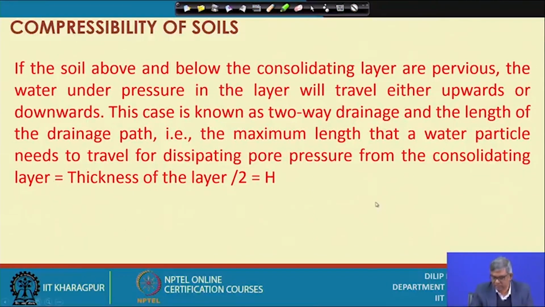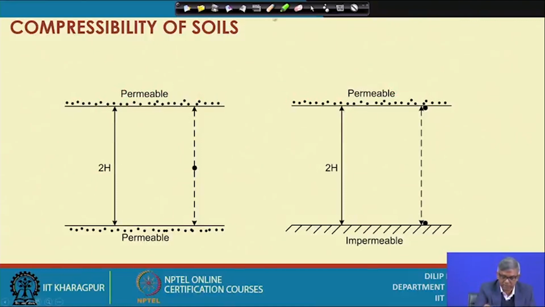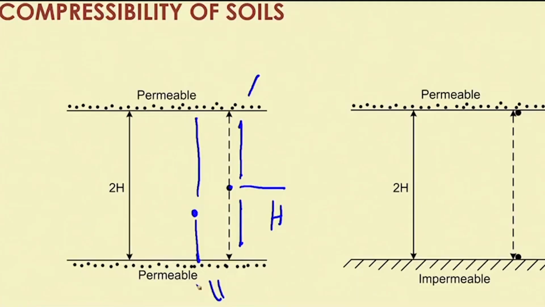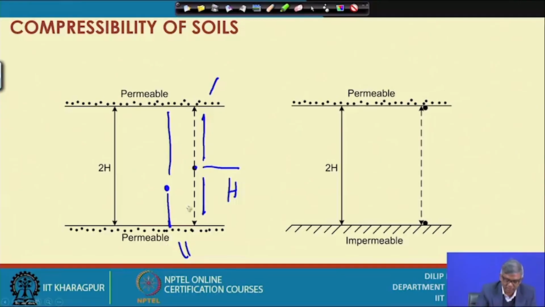This is schematically shown here. You can see this is permeable and this is also permeable. So, for a water particle from here, the maximum distance traveled, whether it goes this way or this way, is h. But if the water particle is here, it will never go this way, because going there is faster. They will try to release faster because it is under pressure. So, always the longest travel path for water is half the thickness of the layer.